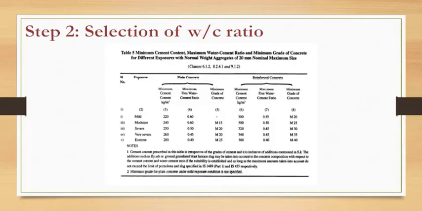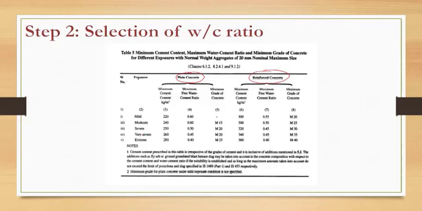Now let us come to step 2, that is the selection of water cement ratio. Now from where will we get that? We will get that from table 5 of IS 456-2000. In this table, both for plain concrete and for reinforced concrete, we have the exposure conditions and the minimum grade of concrete.